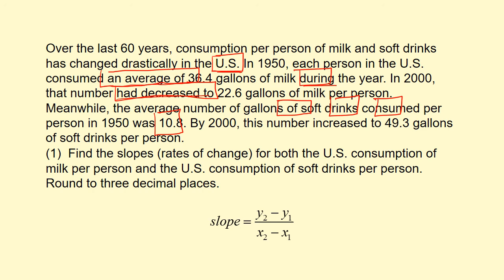You're going to find a slope for milk and you're going to find a slope for soft drinks. And you're going to need to use this formula to get there, based on all these numbers and words in that paragraph up there, much like we did with the house plant.